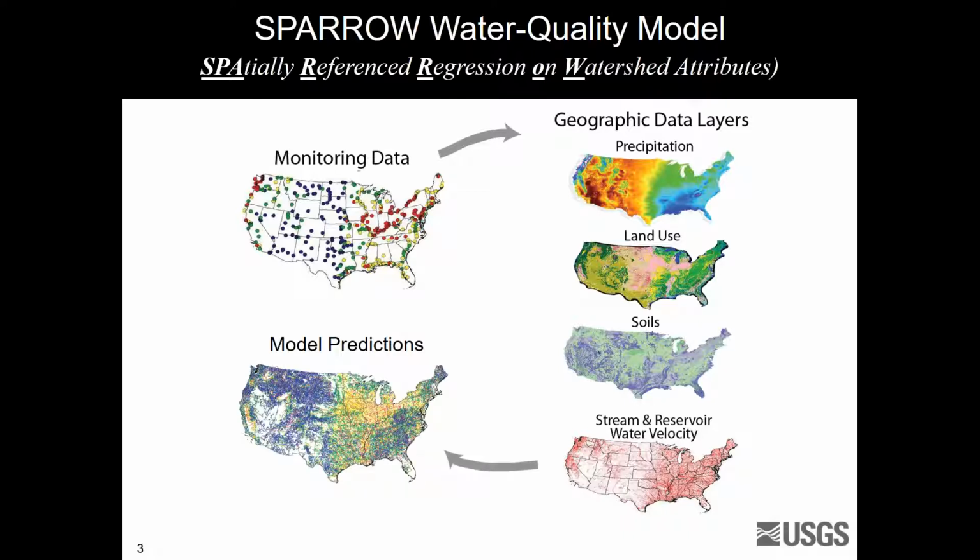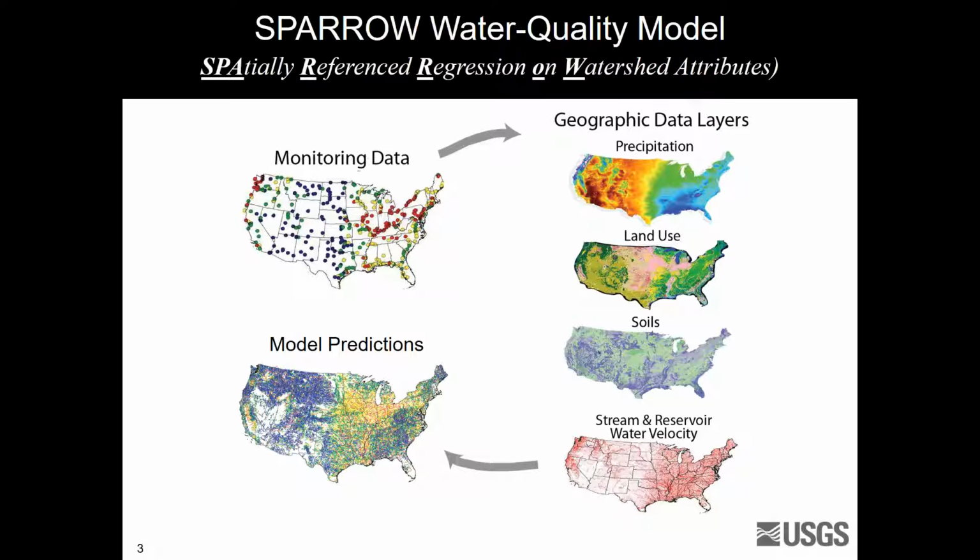So once calibrated, the model can be used to predict annual loads at every stream in the entire spatial domain. Nationally, depending on the resolution of the data set, that can be anywhere from 64,000 stream reaches up to 2.5 million, depending on the data set used.